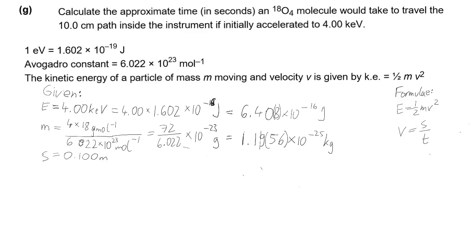Now you'll note that I've converted all the quantities into SI units. So I've changed the energy into joules, and I've made sure the mass is in kilograms. Notice the base unit of mass is the kilogram, not the gram. And that's important if we want to make sure that everything is consistent in the end, because the joule is in fact a Newton meter, which is a kilogram times square meter per square second.